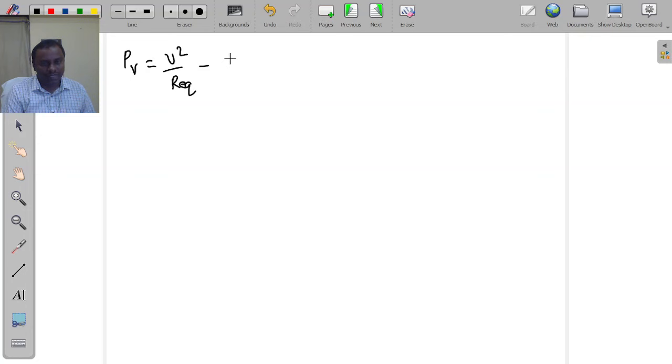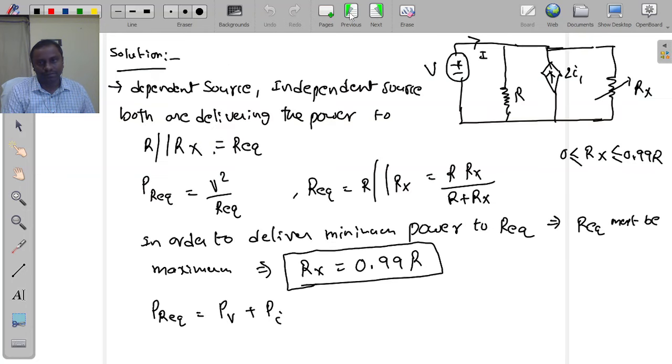Power delivered by the current source is V into 2I1.